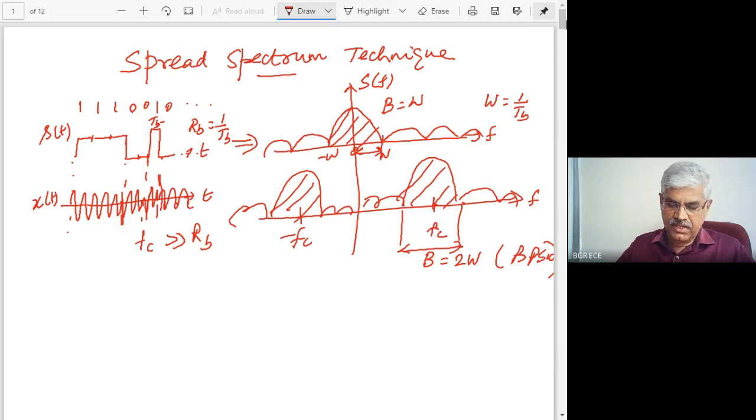So I would consider the baseband spectrum to be like this. So baseband communication, I assume. Okay. So the baseband spectrum will be something like this.